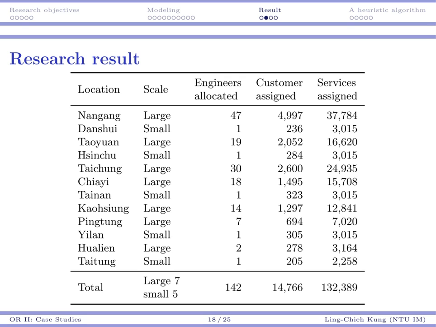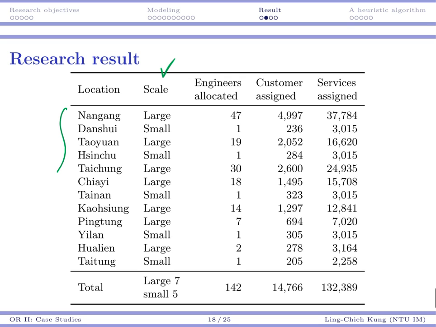So a result is presented here. This is the optimal solution we obtained by using the Gurobi optimizer. With our mathematical model, after we input all the information that the company provides, we are able to deliver this particular solution.